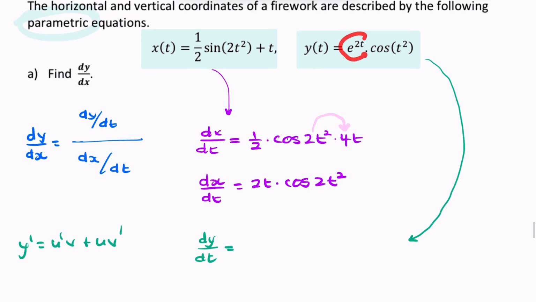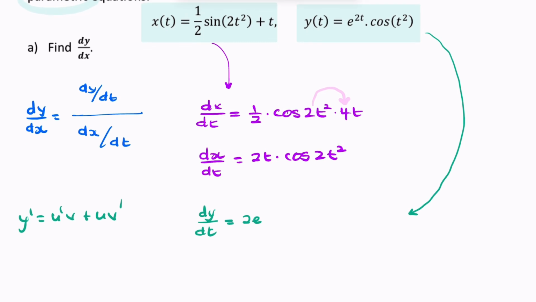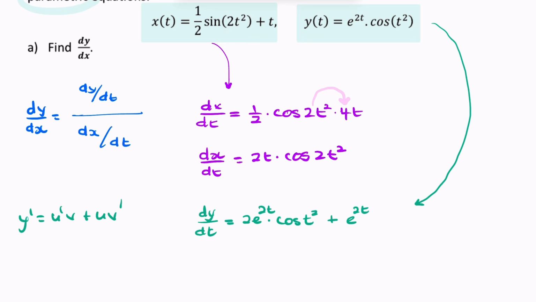So it's going to be u dash 2 e to the 2t times cosine t squared plus the derivative of, so you keep the exponential, the derivative of cosine is negative sine, so I'll write it as sine t squared, and the negative, I'll just change that to a minus sign.